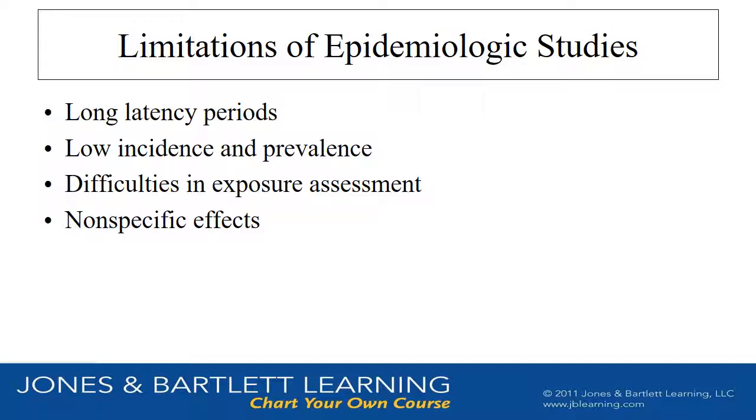There are very few cases of cancer. While it's still a major killer, it's still low incidence and prevalence throughout the population. It can be difficult to measure exposures. How do I measure your exposure to air pollution? And many times, it's very hard to identify the specific effects of the exposure. It can be non-specific to the certain exposure. There are many health outcomes associated with different exposures.